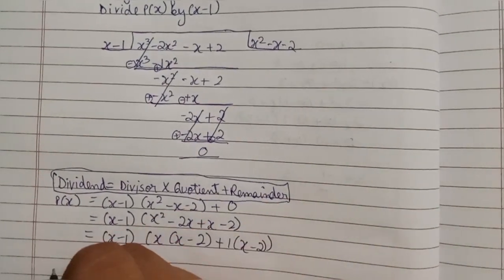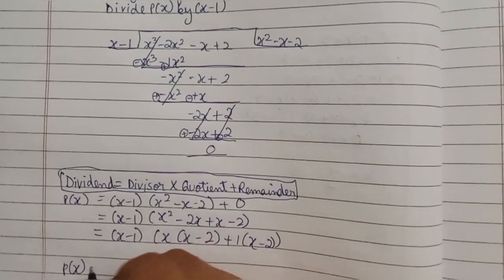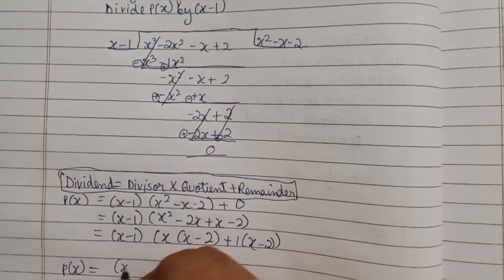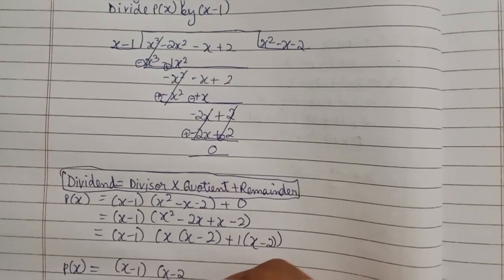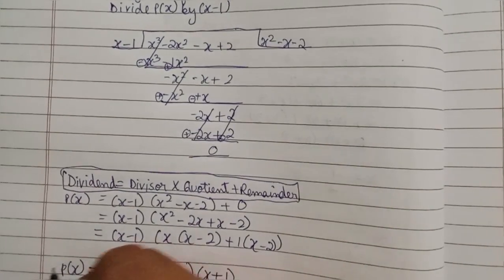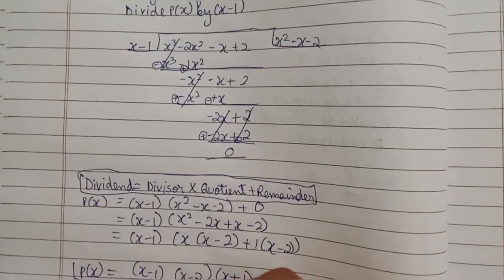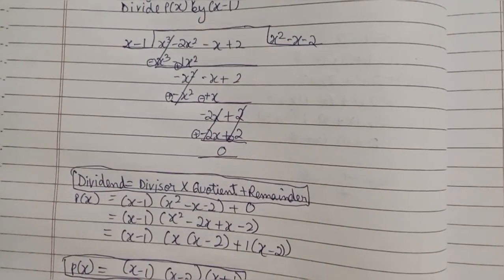Now at last we will write p of x is equal to x minus 1, x minus 2, x plus 1. This is the answer of the last part.